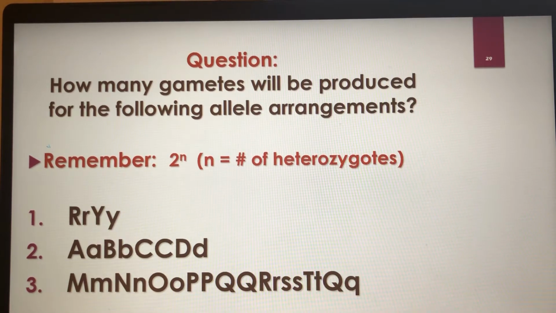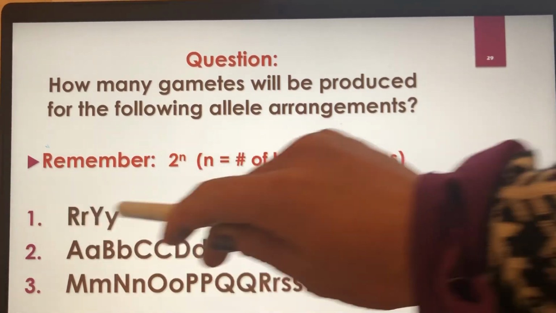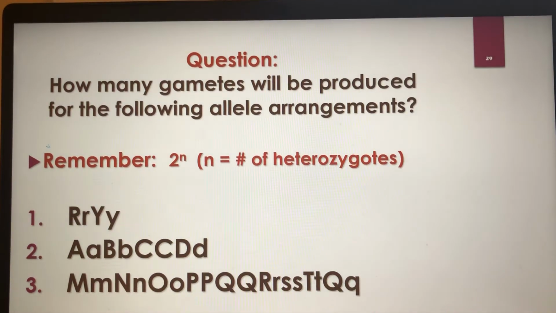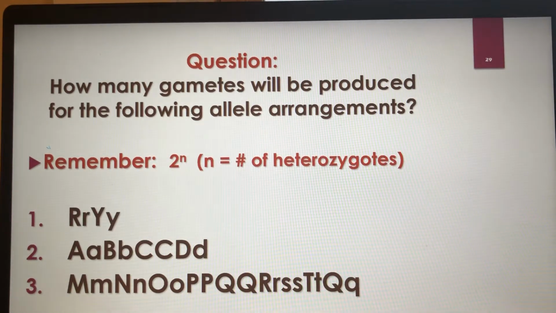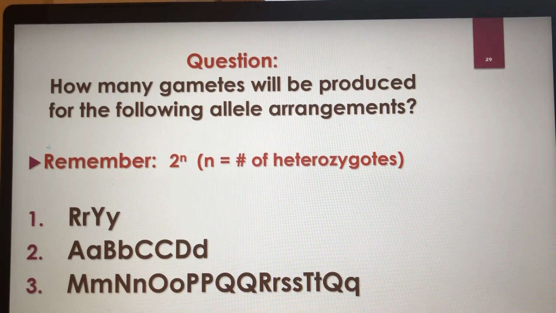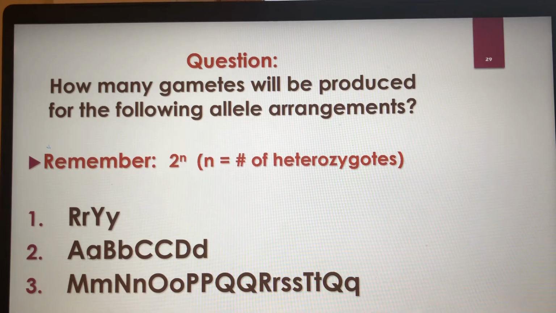All right, so here you have 2 heterozygotes. Does everybody see that? So the equation gives you 2 to the power of 2, and that equals 4. Now this one is a little bit trickier. We have 1 heterozygote here, 2 is a heterozygote, and 3.